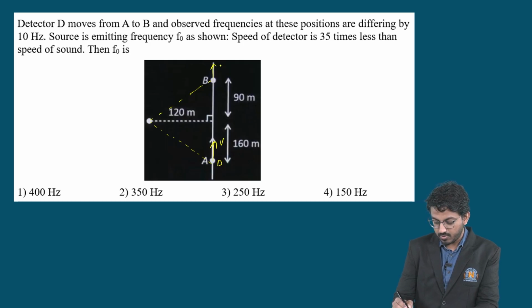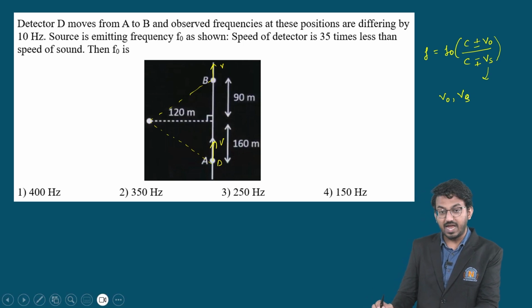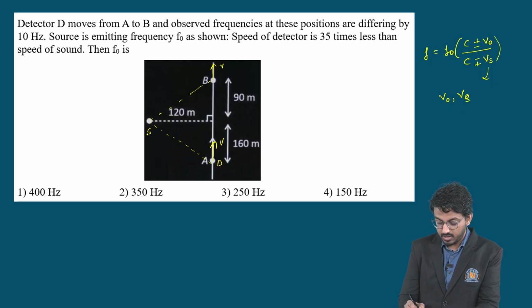Because it is in 2D, we will use the Doppler effect relation here: (C plus/minus V observer) divided by (C minus/plus V source). We need to keep in mind this Vs and Vo are velocity of source and observer along the line joining. Along the line joining, we have to take into account.